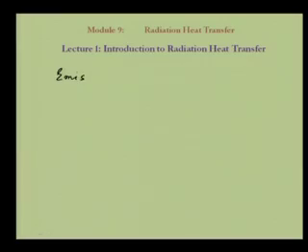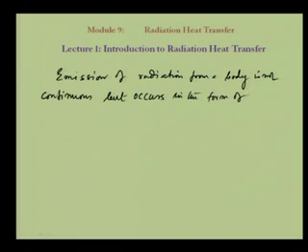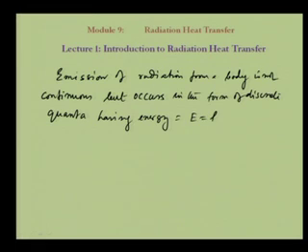So, thermal radiation also has particle property and wave property, and emission of radiation from a body is not continuous, but occurs in the form of discrete quanta. This is based on quantum mechanics, with energy E equal to h into nu, where h is called Planck's constant and nu is called the frequency.